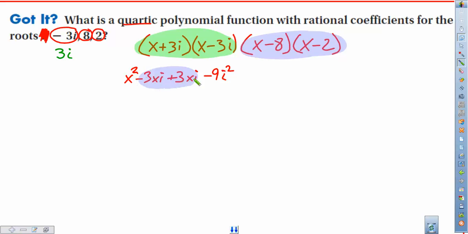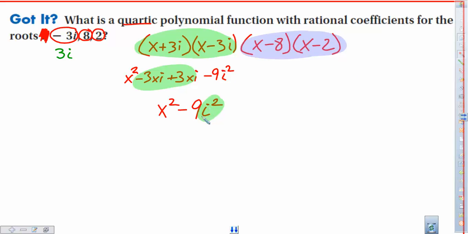Like terms add up to 0xi. So then we'd have x squared minus 9i squared. Hey, how about that i squared? Isn't that i squared negative 1? So it's essentially saying negative 9 times negative 1. So that's why we have x squared plus 9.